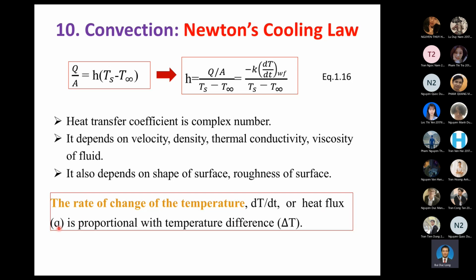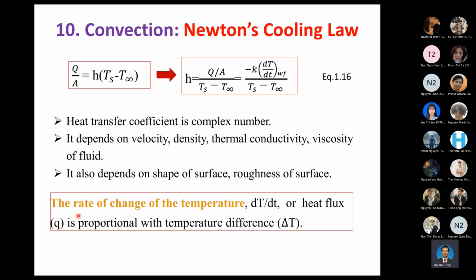The heat flux density Q is proportional to the temperature difference. It means if delta T is big, then dT/dt will be high, or the heat flux here is also large. Please take note of this.